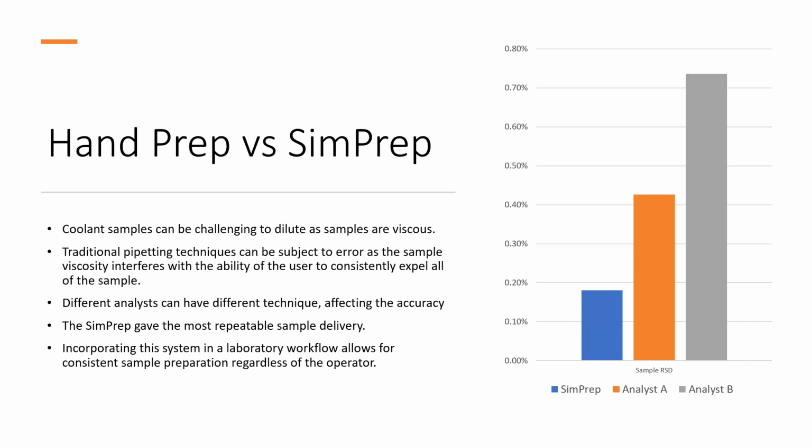In some cases, you're probably going to have analysts that are better than the machine at preparing samples, but those analysts may take sick days, they may take leave, they may eventually get another job. And the nice thing about having an automated solution is that by incorporating that into a laboratory workflow, it allows for consistent sample preparation regardless of the operator.